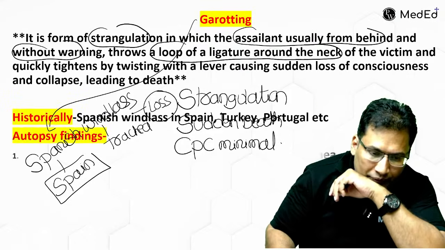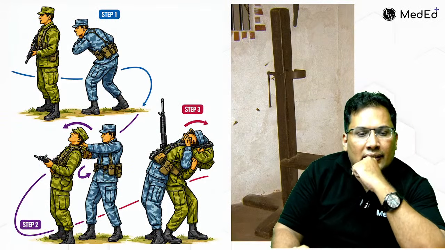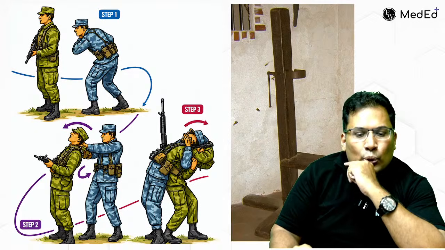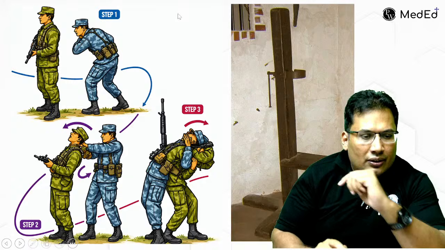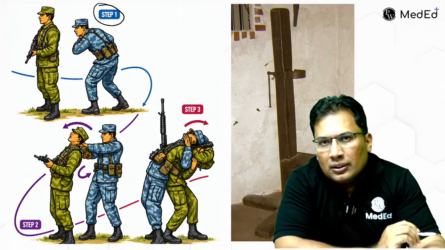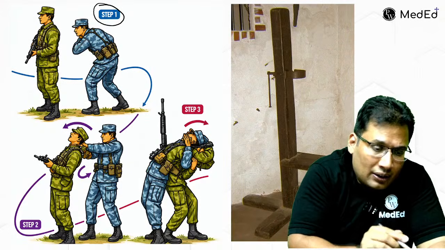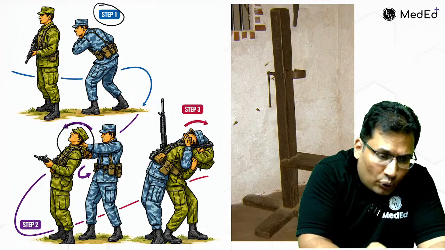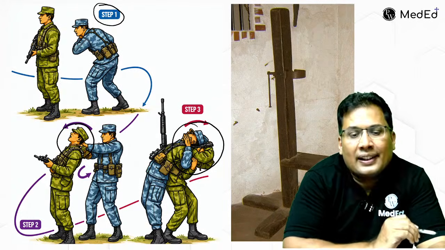Okay, now look at this. What is this, guys? Step 1, step 2, step 3. There are 2 images. Here is step 1. The assailant is attacking the victim without warning, placing a ligature around the neck, leading to sudden loss of consciousness and death.